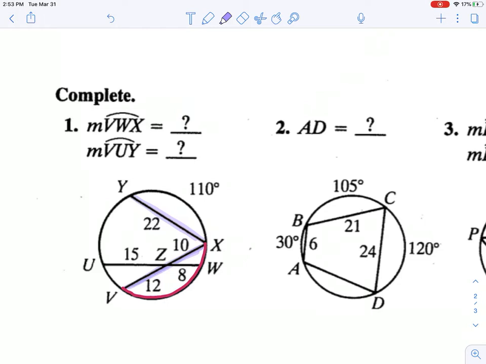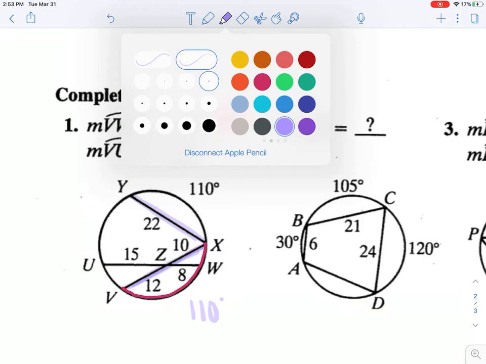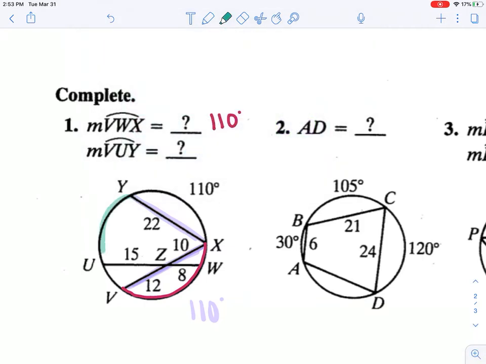Yep, they're both 22. 12 and 10 is 22, which means that would have to be 110 degrees. And then the leftover part, let's make it another color. Well, I know all the way around the circle is 360, so 360 minus 110 would be 140.